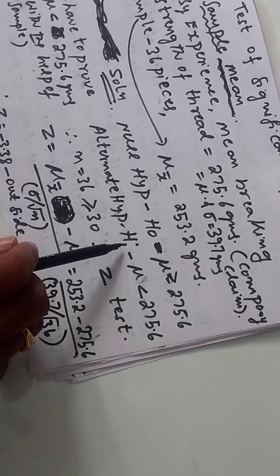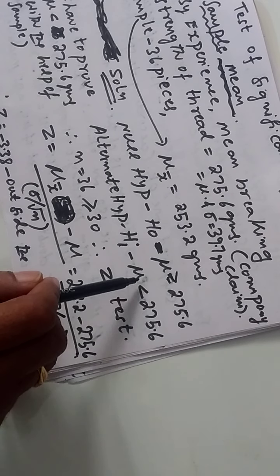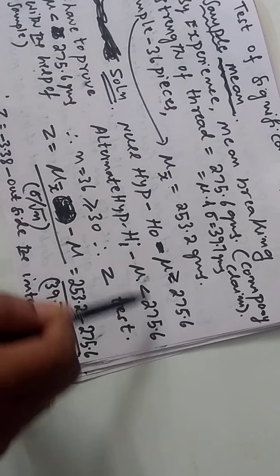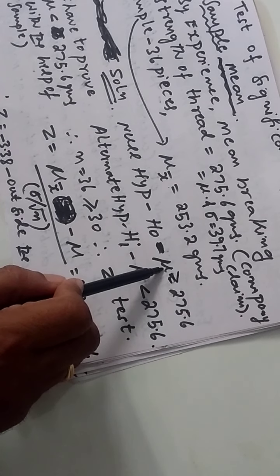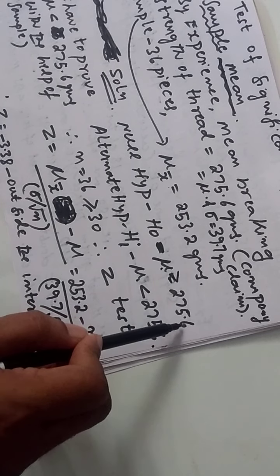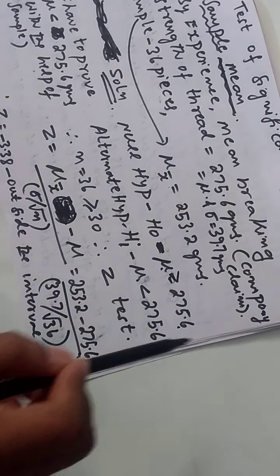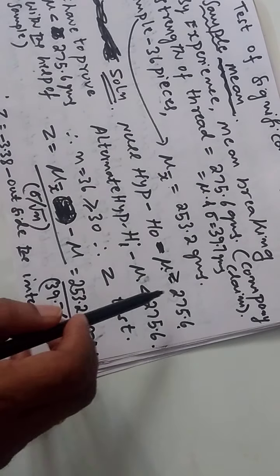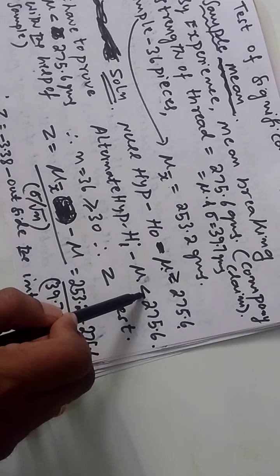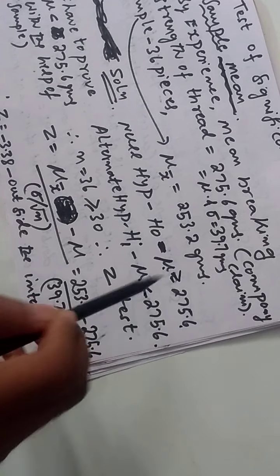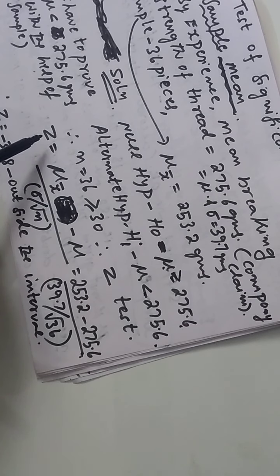So therefore the alternative hypothesis I propose is mu, that is mean breaking strength, is less than 275.6 grams. The null hypothesis I am proposing is that it is greater than or equal to 275.6 grams. Now see, whenever this inequality, alternative hypothesis with less than, is coming, therefore you are using one-tail test.